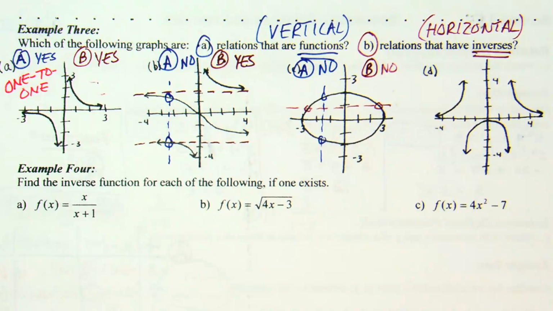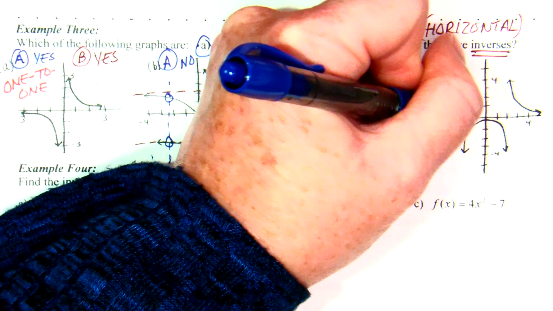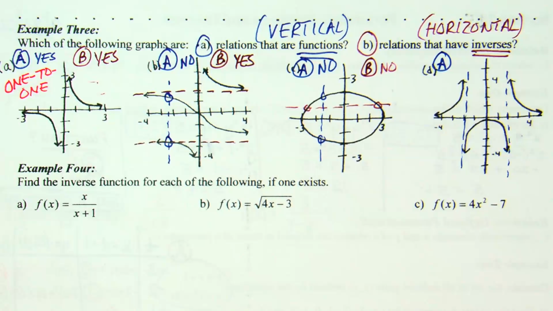Yeah. Because what's happening right here, guys? In between our pieces we have vertical asymptotes. Those don't prevent it from being a function. Everything else is good. So, yes, it's a function. Does it have an inverse? No. Going with a no there.